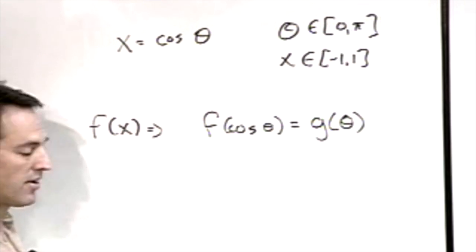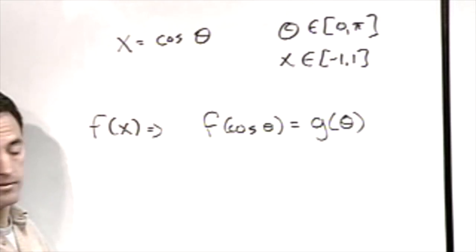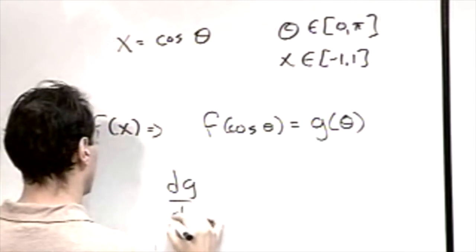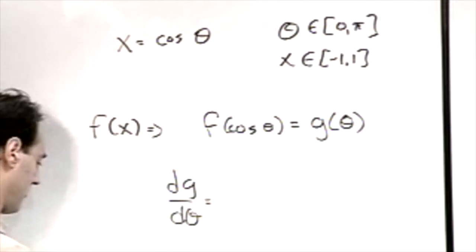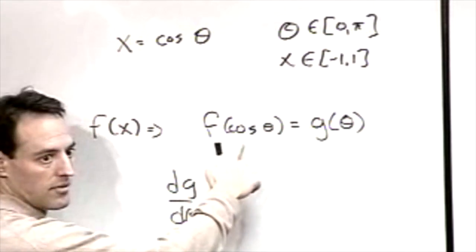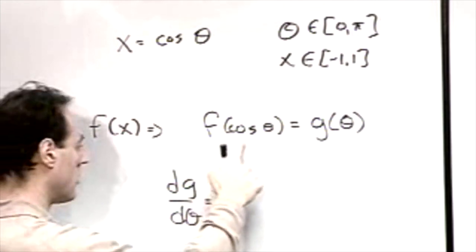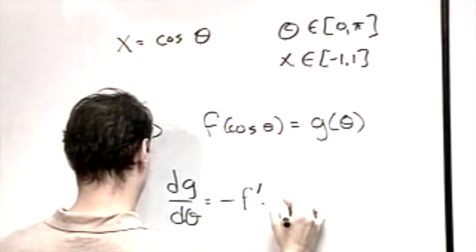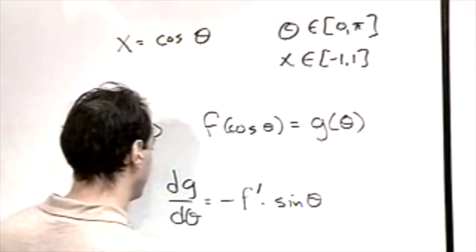All right, now let's take the derivative of this thing with respect to theta. So what do you get? dg d theta is equal to, using the chain rule, negative f prime times the derivative of the inside, which is sine theta.